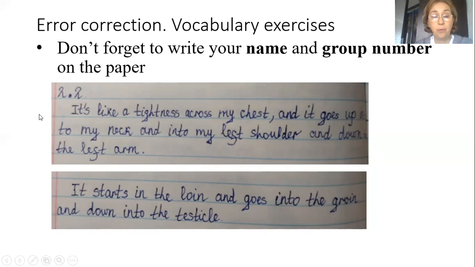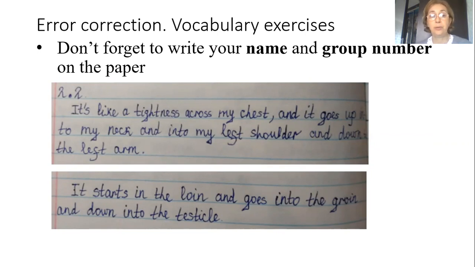So, and here you can see the correct sentence for exercise 2.2. The first patient, we have to describe his problem. His diagnosis was angina pectoris, and so this is the correct version. It's like a tightness across my chest, because the pain is located in the chest, and it goes up into my neck, preposition into and neck.